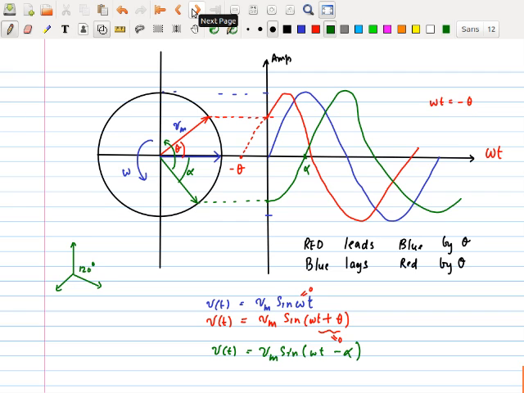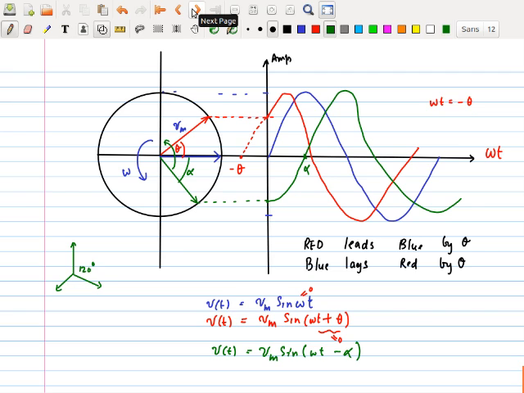Now the question is, all this time what we were trying to understand were things associated with DC voltage sources, voltage and current sources, and primarily only with resistance. Now we are quietly trying to bring in the other two elements, which are a capacitor and an inductor.